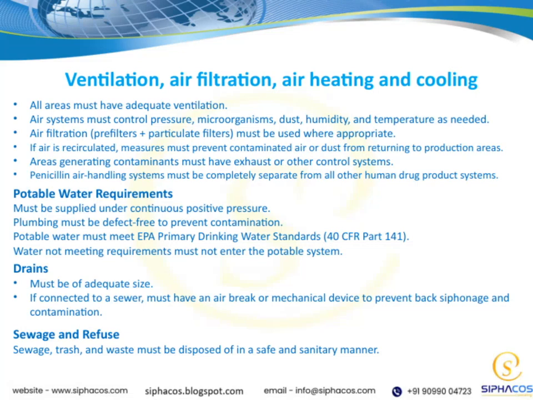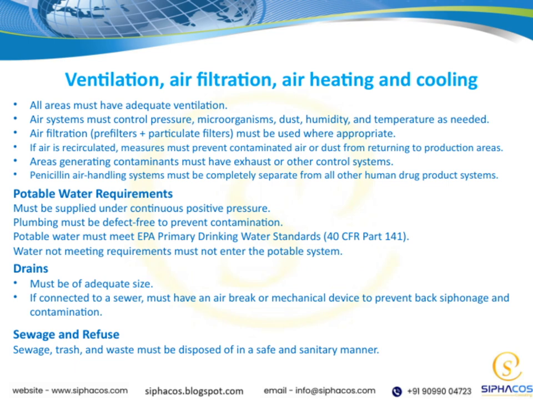Let's talk about ventilation and air systems first. It's crucial that all areas have adequate ventilation to maintain a safe and clean environment. The air systems should be designed to control pressure, microorganisms, dust, humidity, and temperature, depending on what's needed for the specific area. Using air filtration, such as prefilters and particulate filters, is essential where appropriate to keep contaminants out.